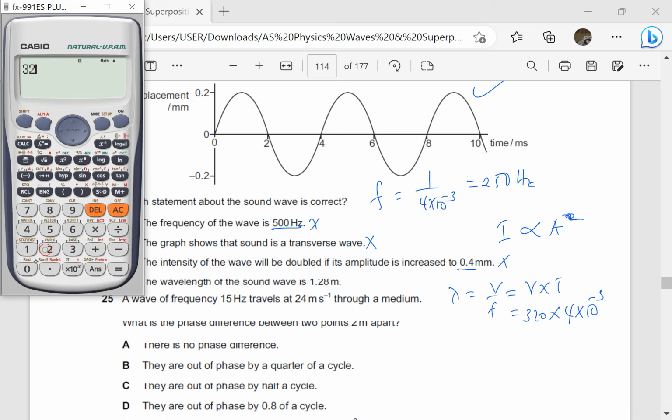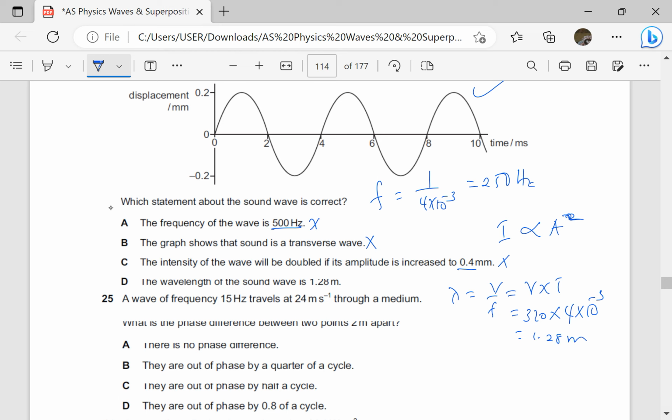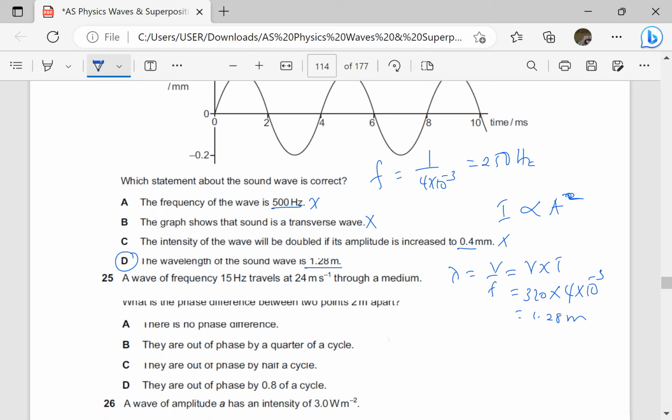So 320 times 4 times 10 to the negative 3 is 1.28. So the answer is going to be D. The wavelength of the sound is 1.28 meters.